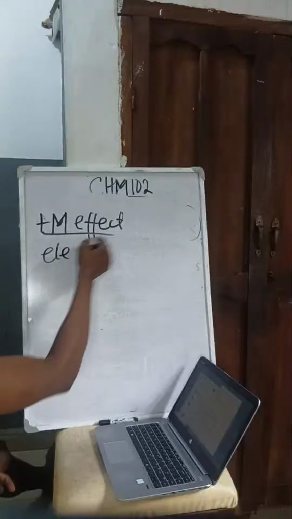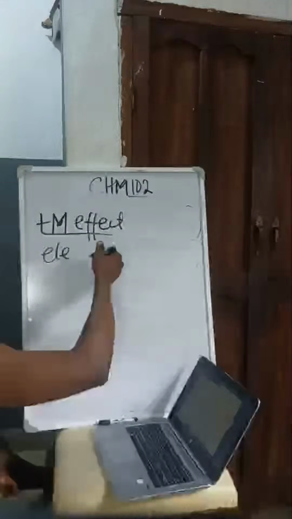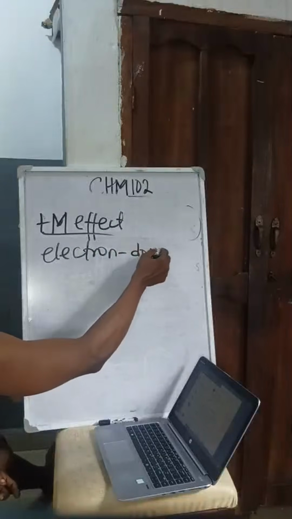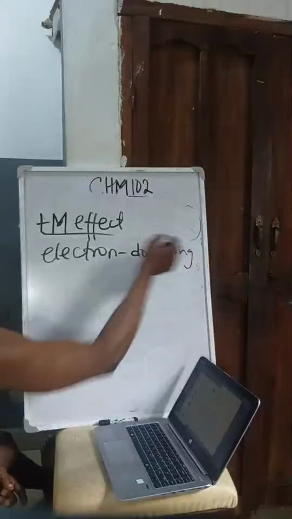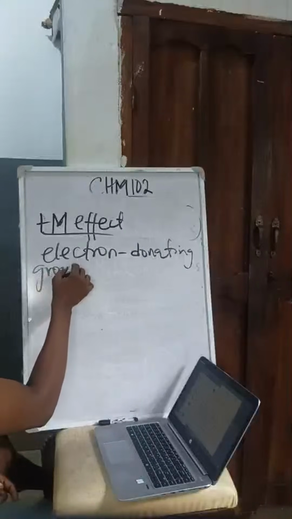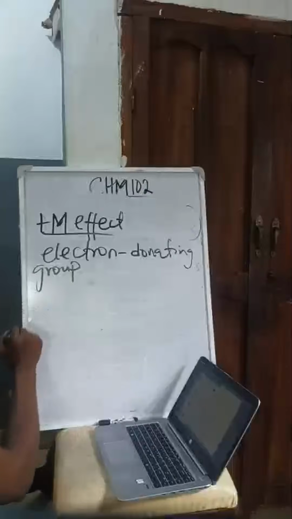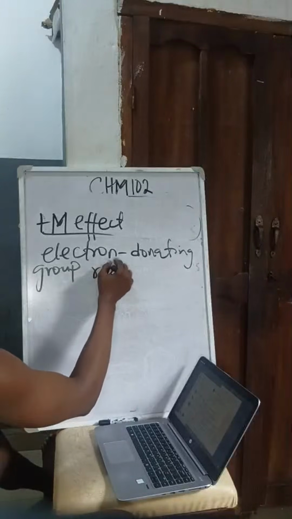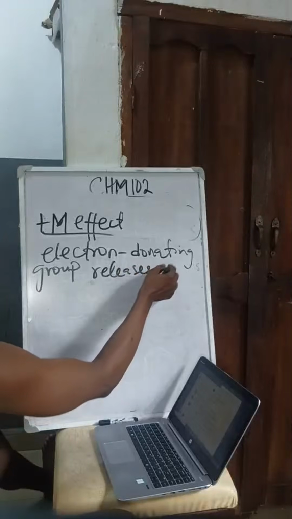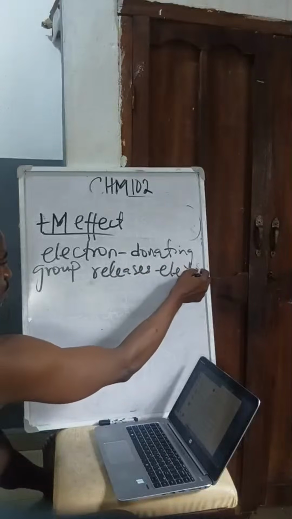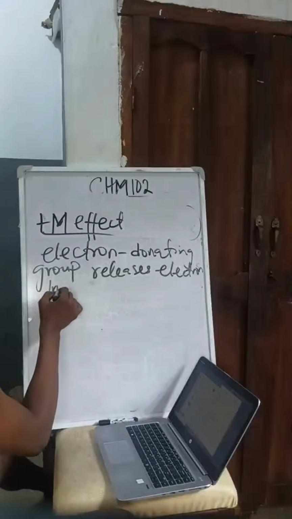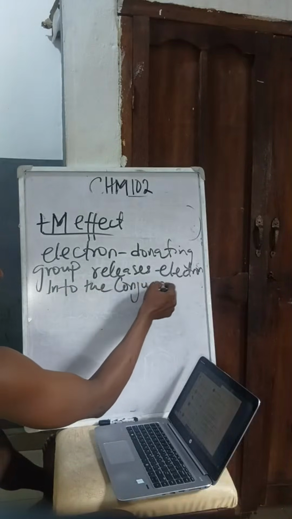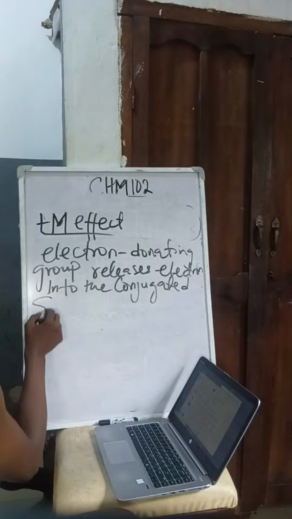Electron donating group releases electron into the conjugated system.